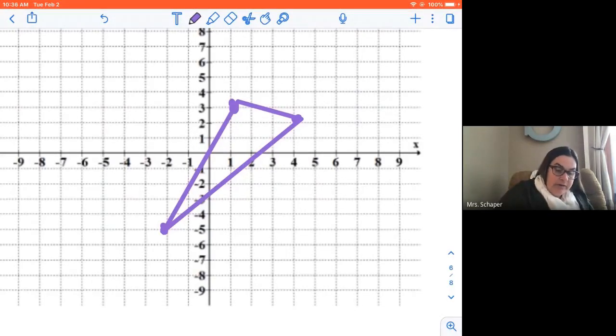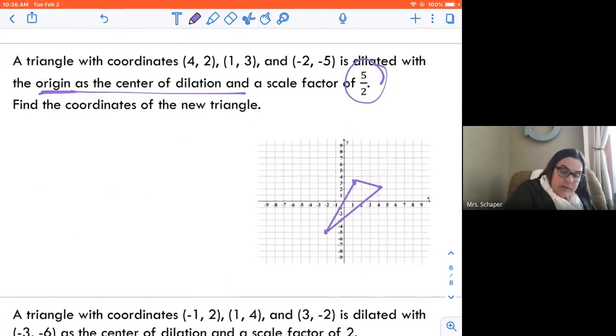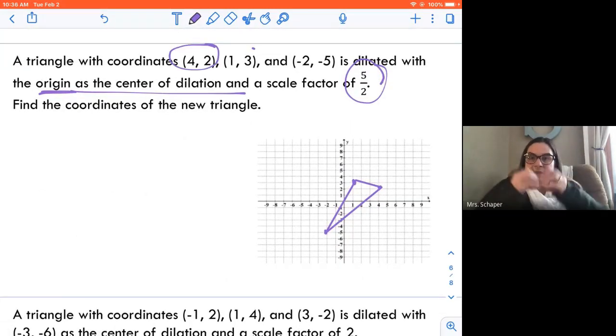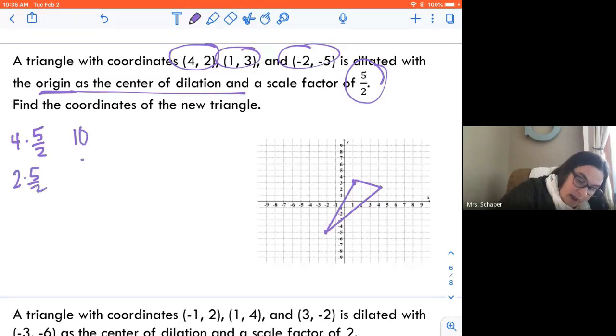So I'm going to multiply all of these values by 5 halves to get it to be bigger. So 4 times 5 halves is going to be 10, and 2 times 5 halves is going to be 5. So my new image is going to be at 10, 5.